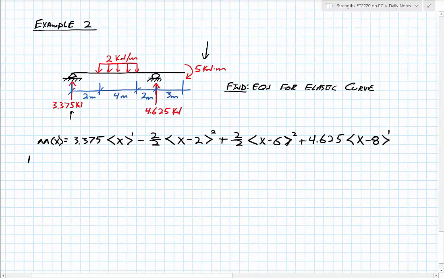The first integration, don't forget your EI, will be my theta of x. So now I'm just taking the integral of this.